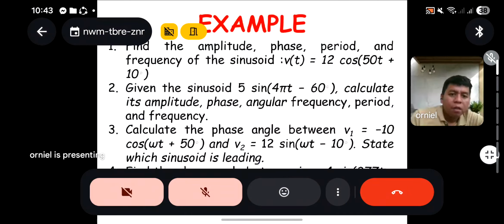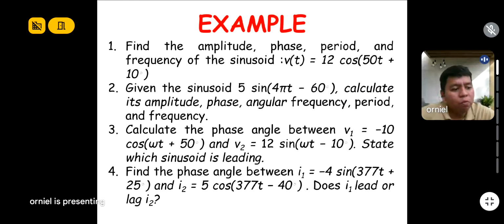Okay, now an example like this one: find the amplitude, phase, period, and frequency of the sinusoid v of t equal to 12 cosine 50t plus 10 degrees.